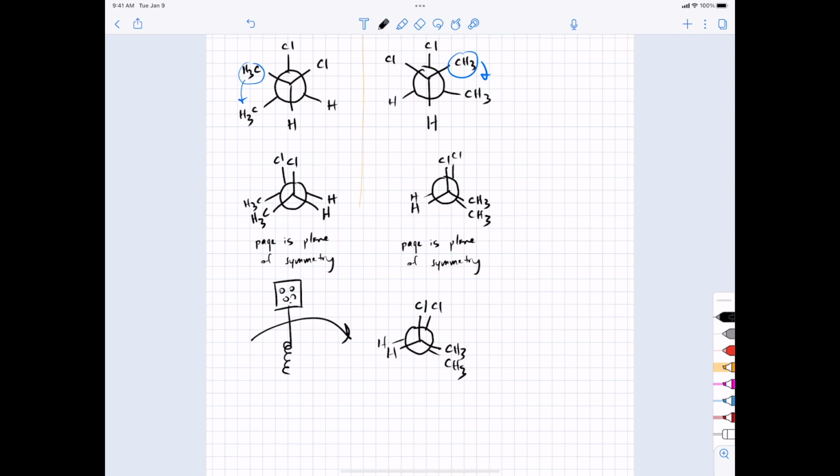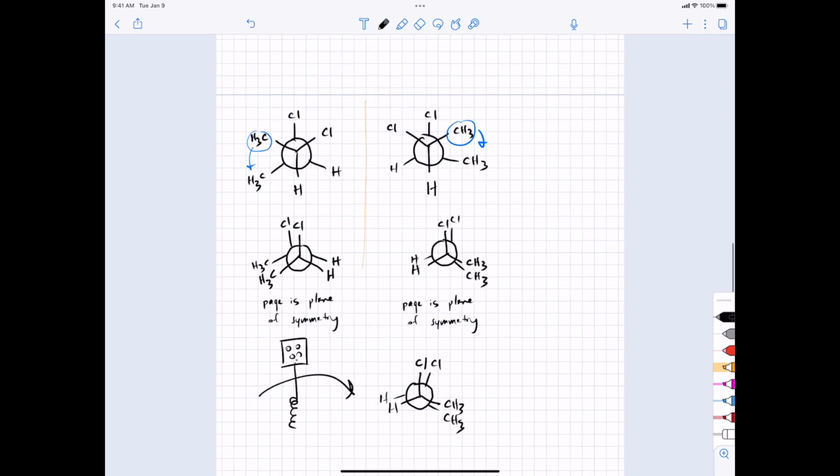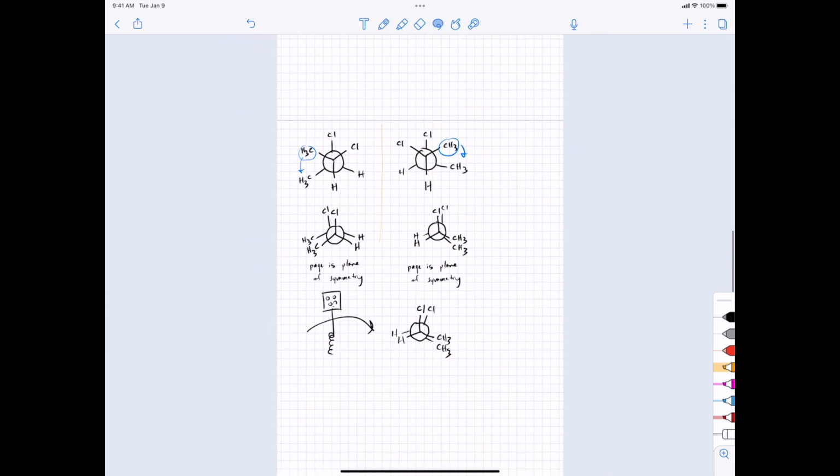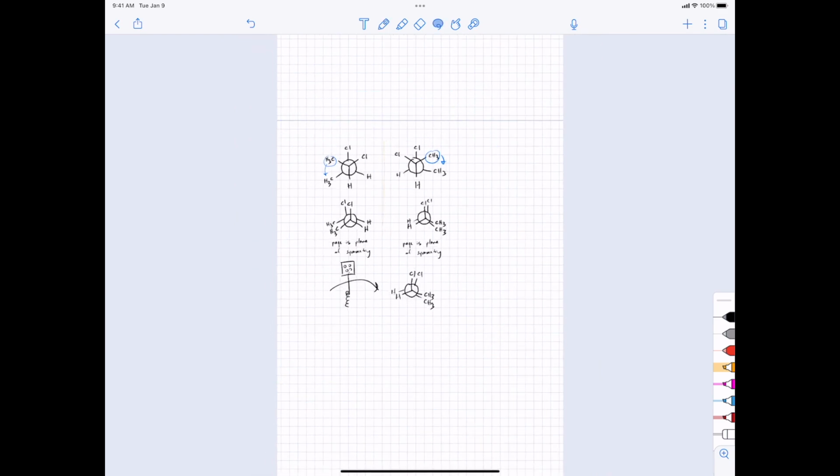Okay, so that's one way you can do this. Now, Newman projections can be tricky. So one of the other options for dealing with this situation is to get out of the Newman projection.